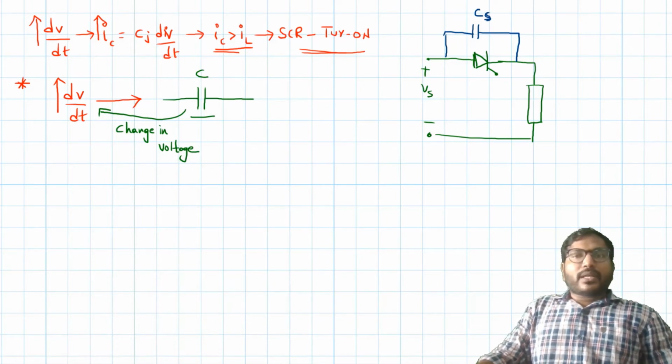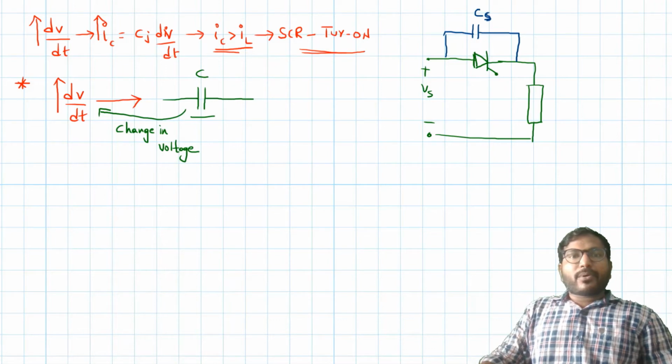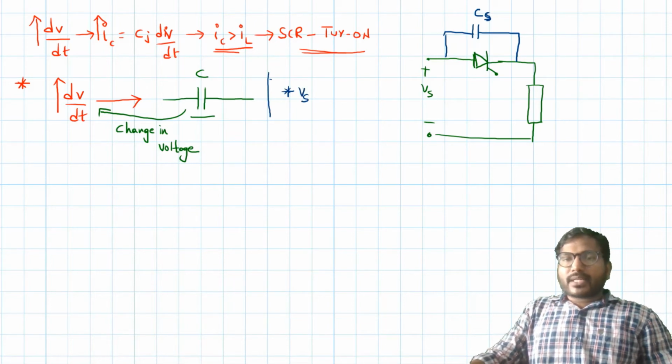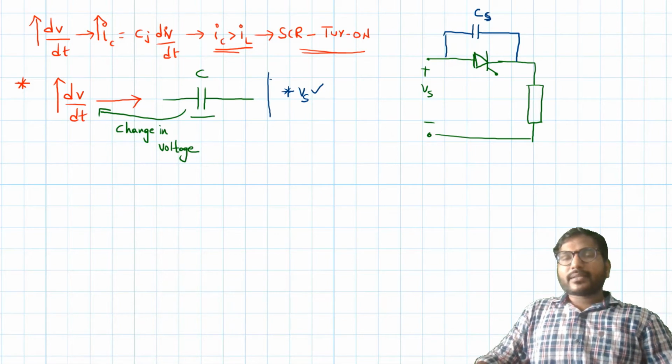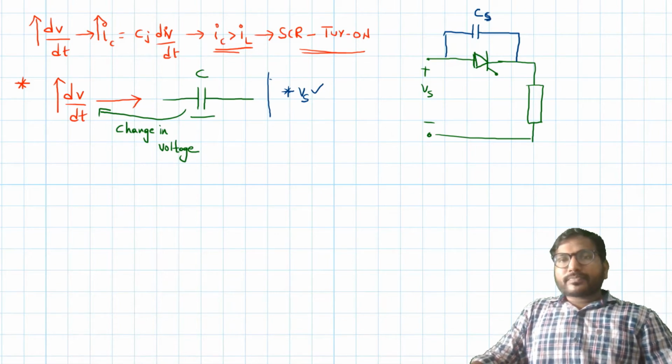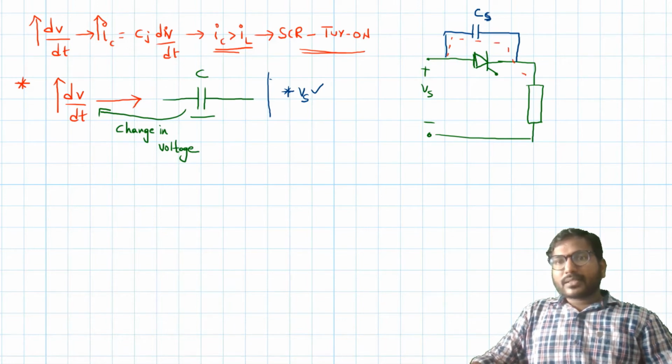Here one very important point. Consider this circuit, when Vs is applied by switching on the supply, the capacitor starts its charging in this path.